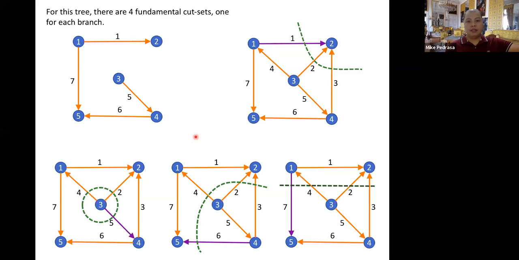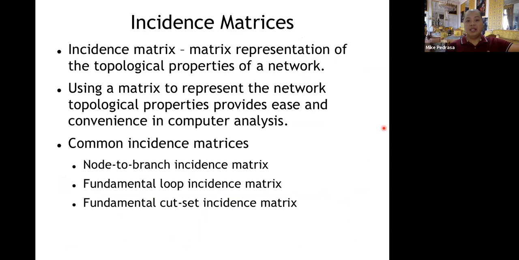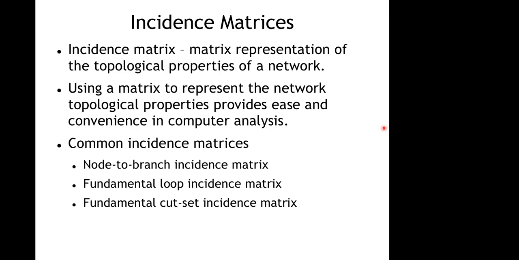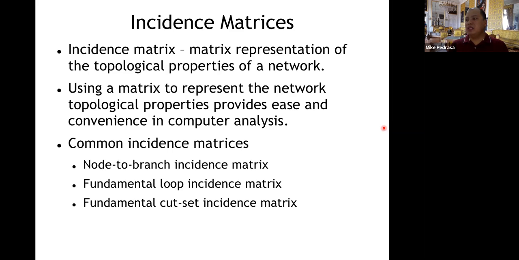Now, from there, we can now define the incidence matrices. The incidence matrix is a matrix that we use to represent the topological properties of a network. When we say topological properties, think of it as how the different things in the network are interconnected to each other.